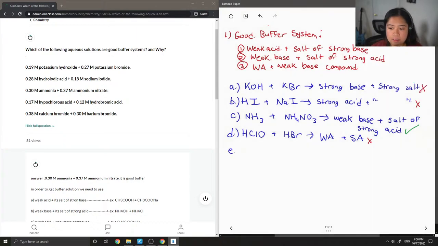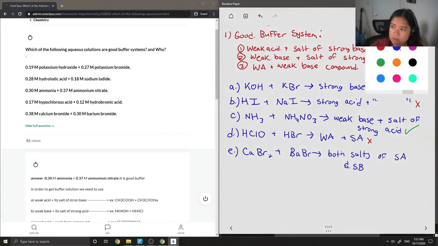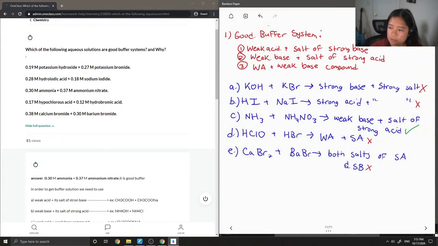And then lastly, calcium bromide plus barium bromide. These are both salts of strong acids and strong bases, so this also can't be used as a buffer system.